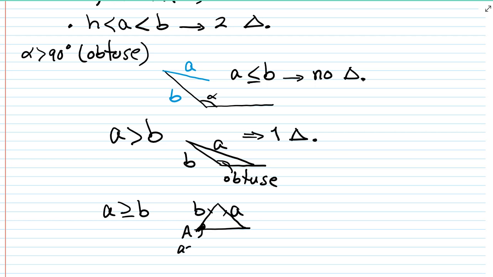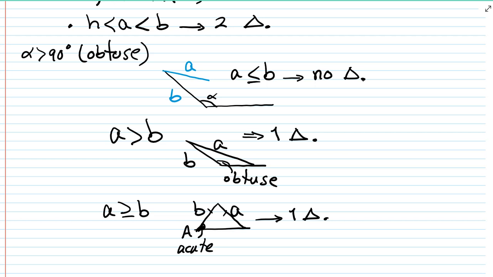So this is an acute angle. Well, if they're equal, then we have one triangle. And I think that covers all possibilities.